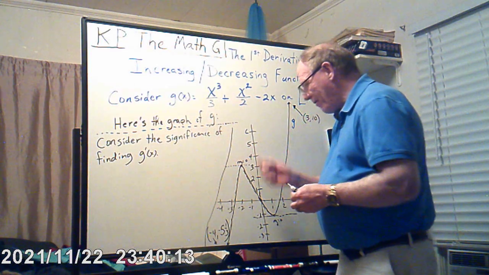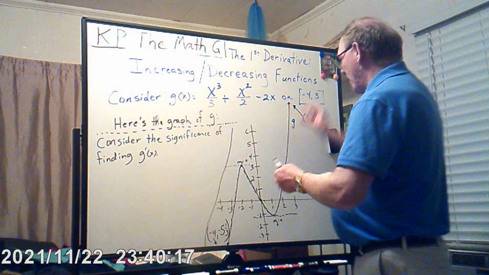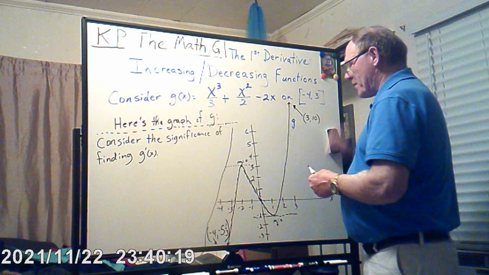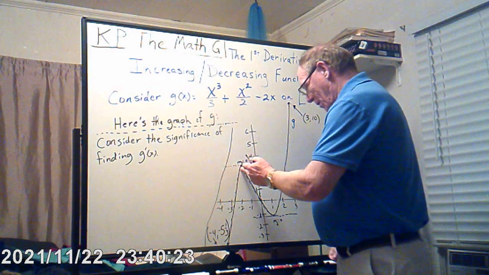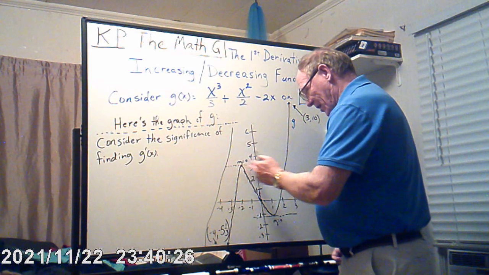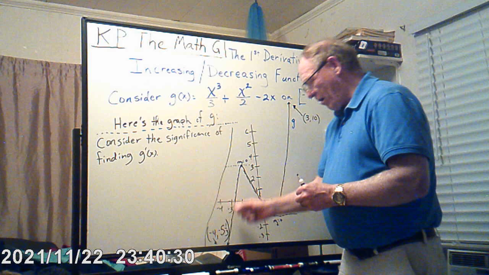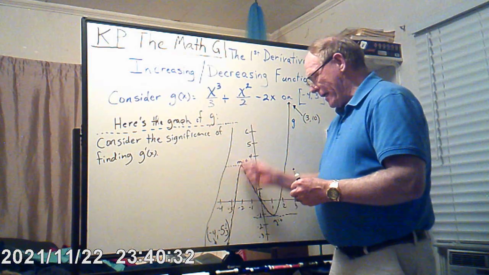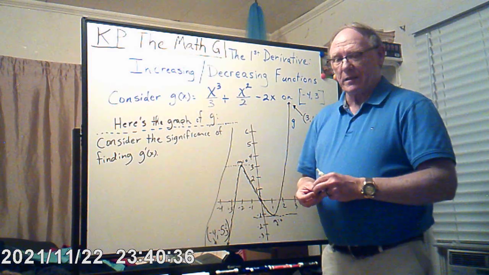If I didn't have this drawn, could we determine from this closed interval -4 to 3 where, first of all, are the horizontal slopes? Okay, where then is G increasing and where is G decreasing?